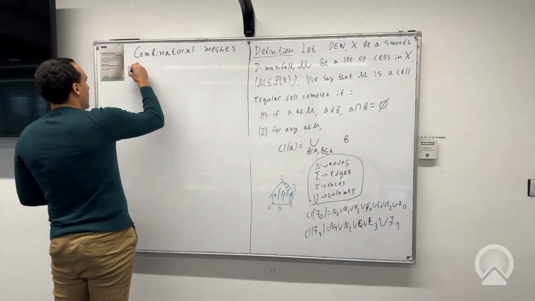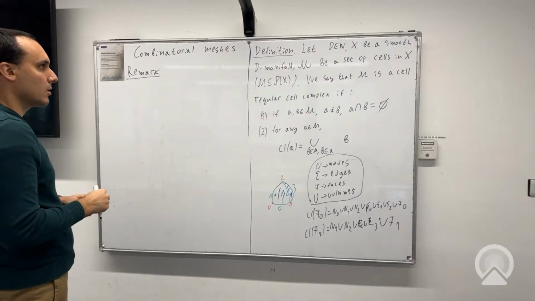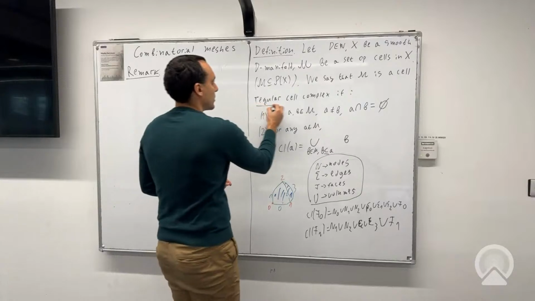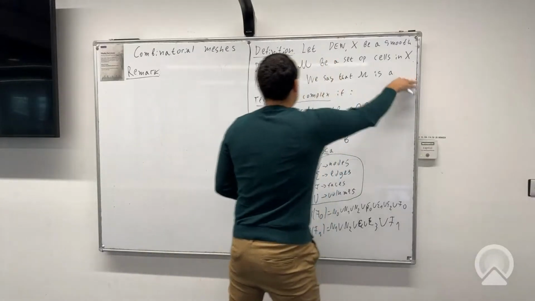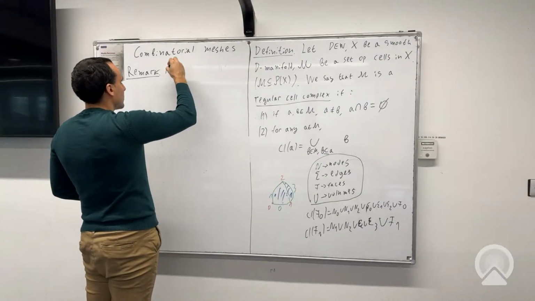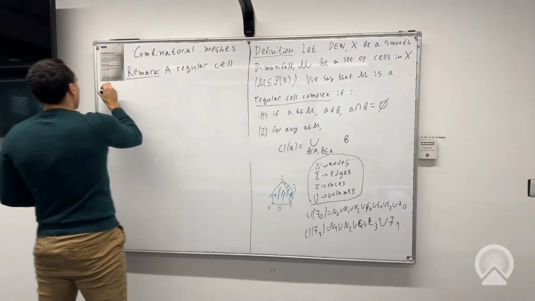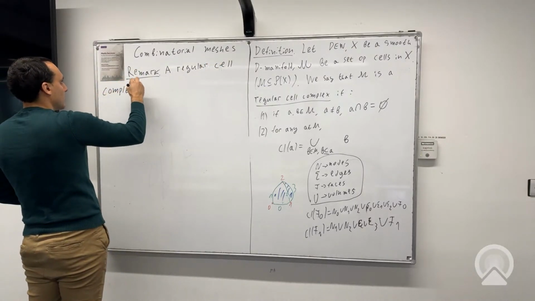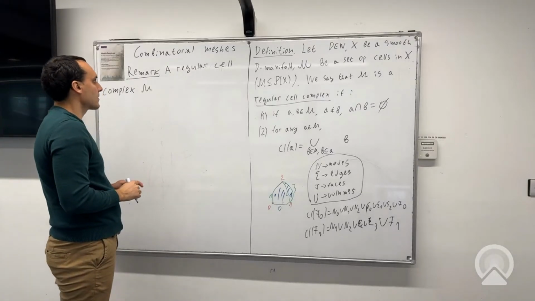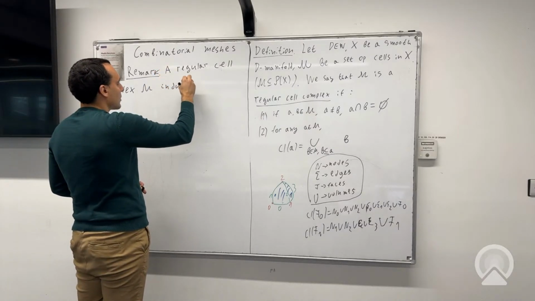So let me do some remark. A regular cell complex M induces a partial order.